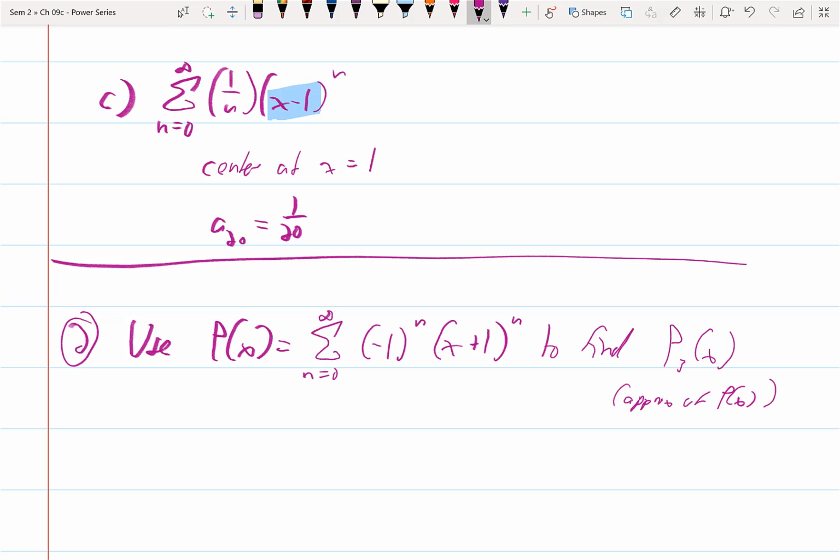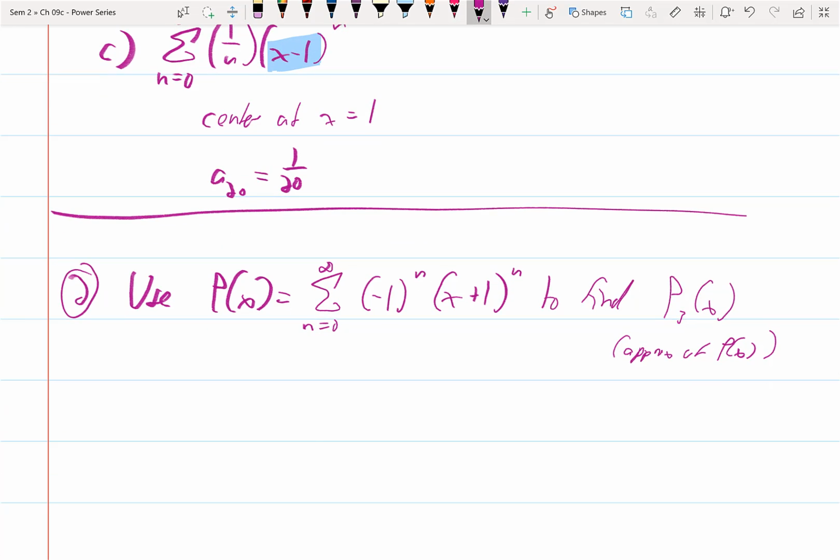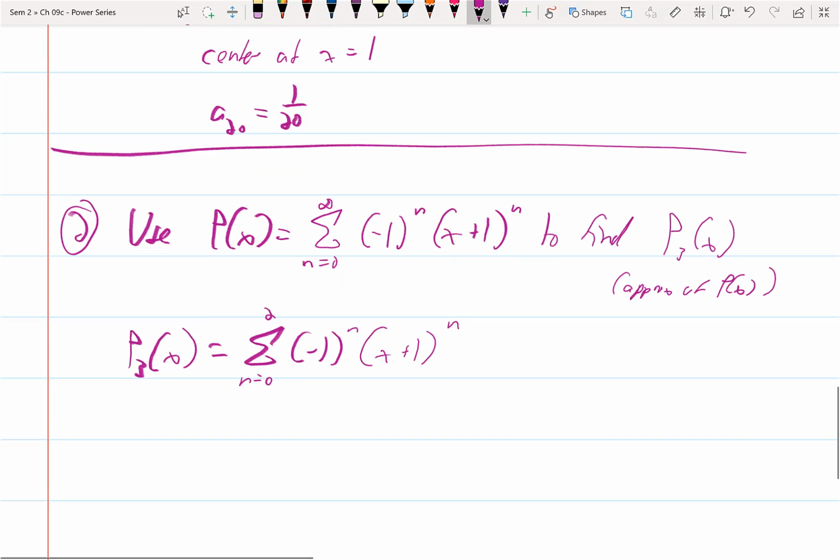Remember, that's a third term approximation of this. So p sub 3 of x equals the sum, well, I want to do 3 terms here, and so we're going to define p sub 3 of x as 3 specific terms, n equals 0 to 2 of negative 1 to the n times (x plus 1) to the n.